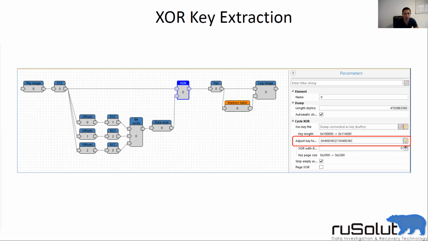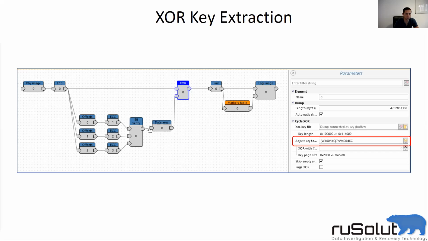And later we will not be able to analyze it at the stage. So to prevent this, we'll use this data area element, which will remove from these blocks everything but the data area. So after this data area element, we'll not have ECC and service areas. We'll have only data areas. For example, if at the beginning we had a page of 9216 bytes, here we'll have 8192, so 8 times 1024 bytes.